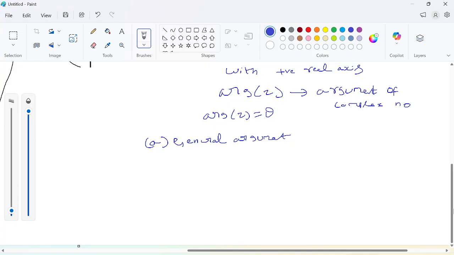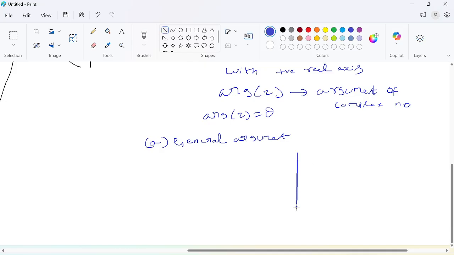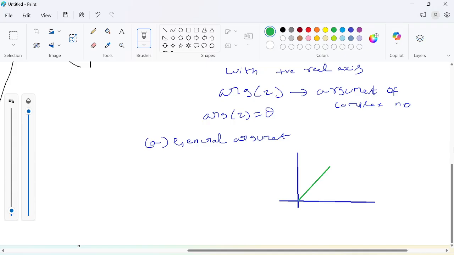Now let me take one example. With an example you'll understand. Let me take one line here, and this is your P. Let us take (1, 1).